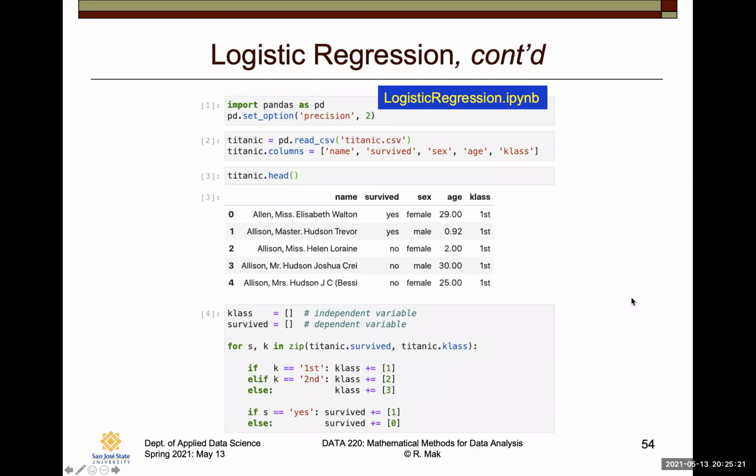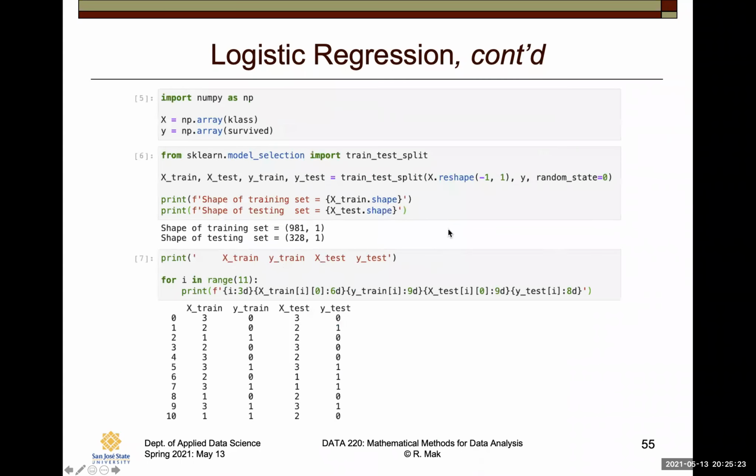Then I'm going to split the data into a training set and a testing set, the way we've done this before. This is the machine learning version of doing regression. Here is the data, showing the first 10 rows of the training set.